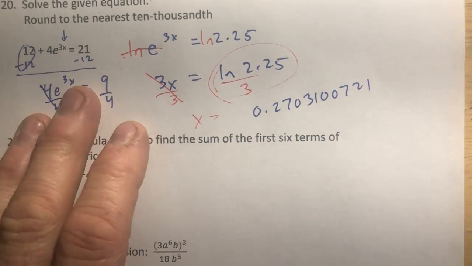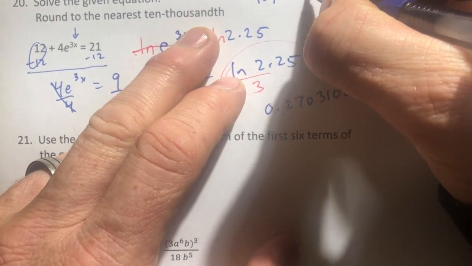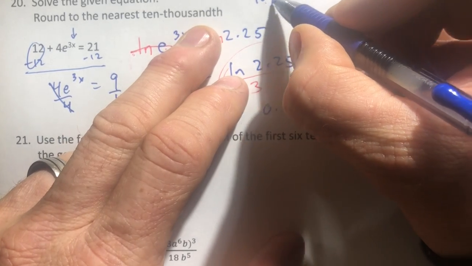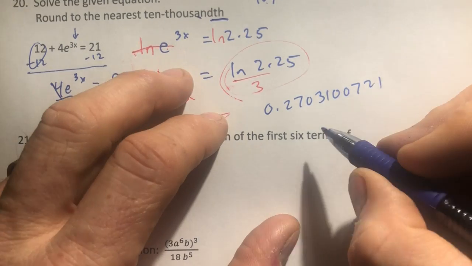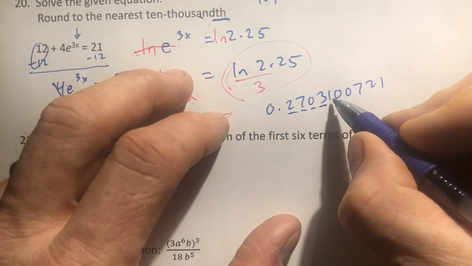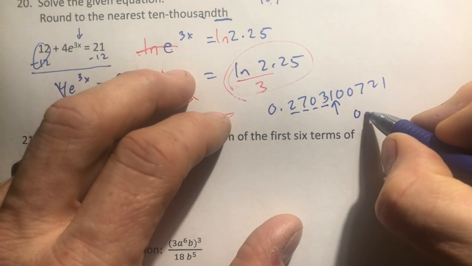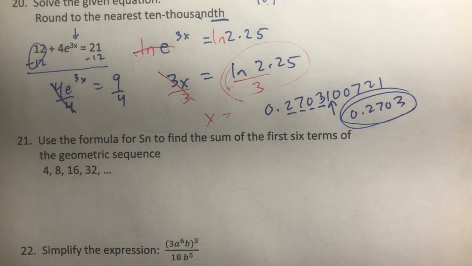Okay. Now look at what it says here, which is round to the nearest 10,000th. All right. Here's 10,000. See how it has 4 zeros? That means the 10,000th has 4 digits. So 1, 2, 3, I'm going to keep those. Does this 1 right here make the 3 go up or stay? Well, it makes it stay. So here's my answer right there.